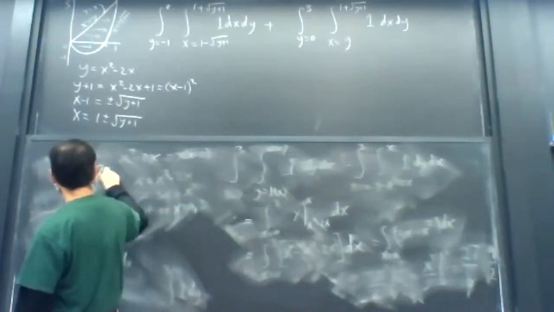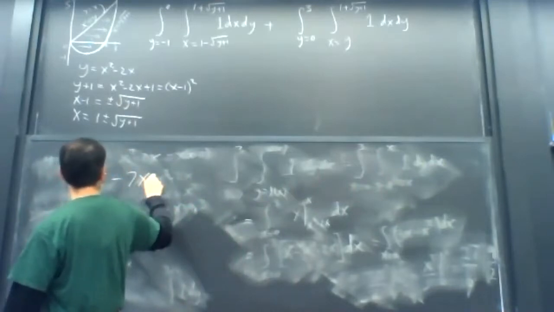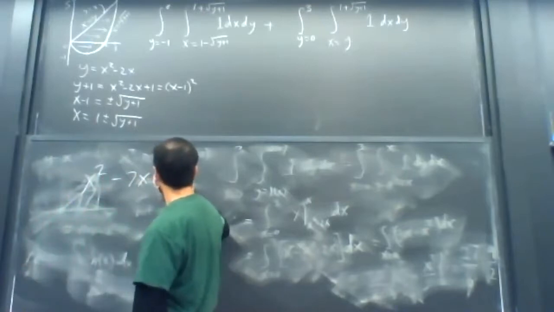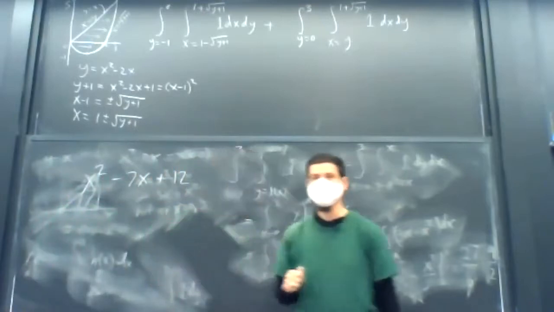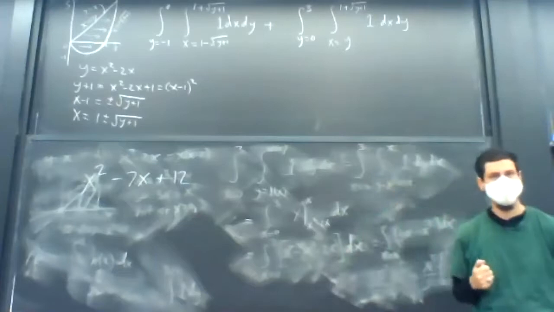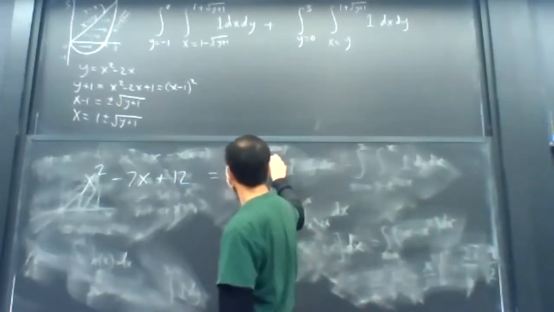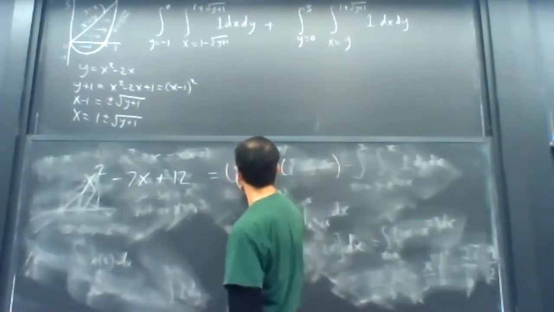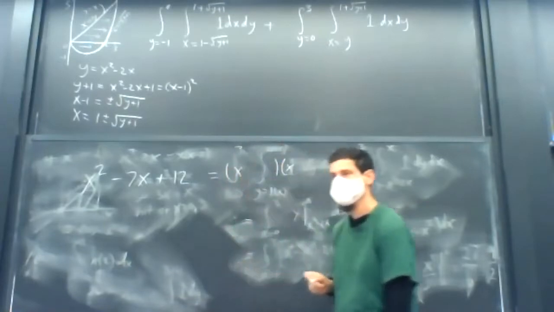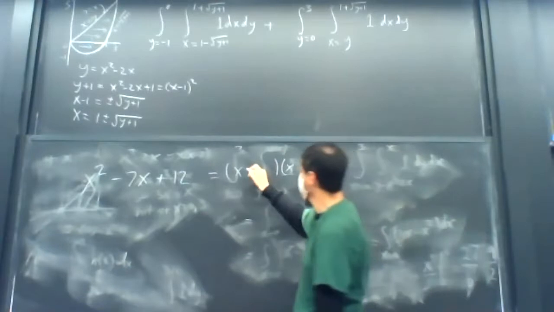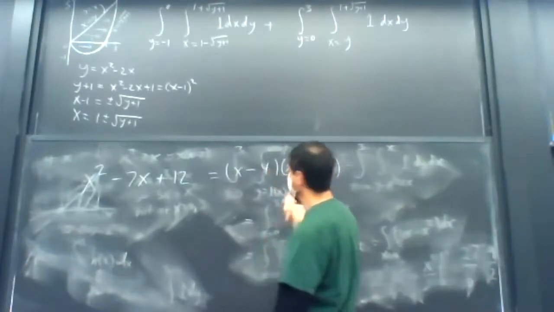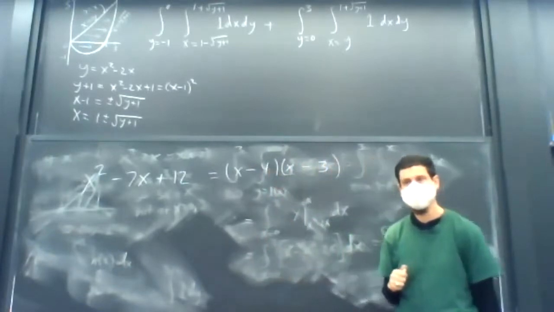So if I give you x squared minus 7x plus 12, can you look at that and see the roots? So what would the roots be? So the x minus 4, x minus 3, so the roots are 3 and 4.